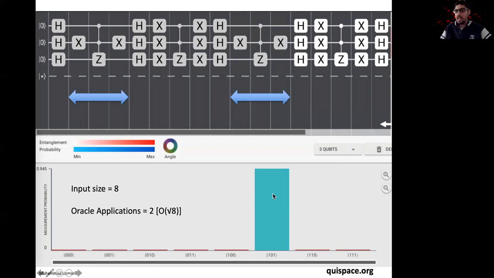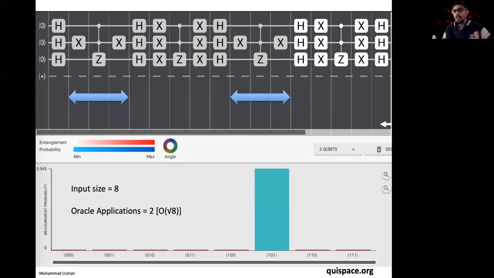So at this stage, if you measure it, there is a 94.5% chance that you will get the correct output, and a little bit of chance that you will get the wrong output. You can repeat the same thing one more time, and you can increase the probability of getting the correct output to close to 100%, like 99% or so, right? So instead of searching all the data elements, you have just applied 2 or 3 steps, which is order square root of 8, and you are able to find the outcome.